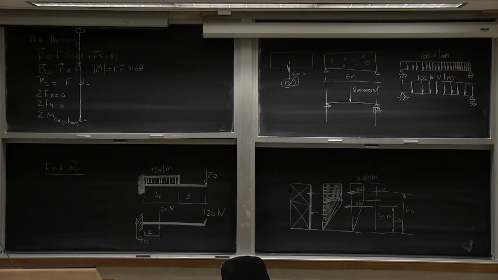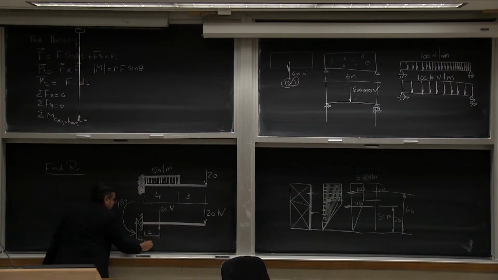And the moment reaction at the support is resisting this and this. So 20 by 7 is 140. 20 by 2 is 40, that's 180. And this is Newton, and this is Newton meter.